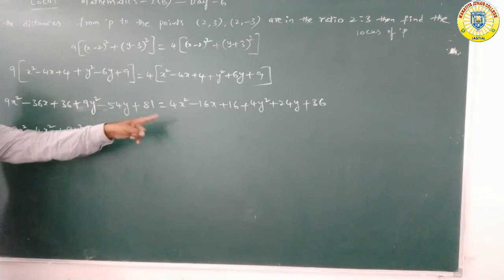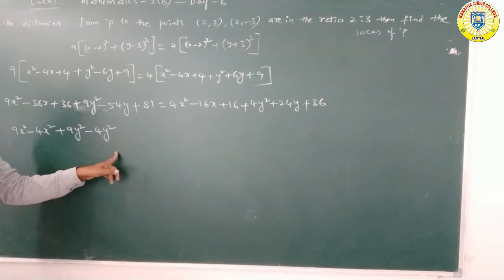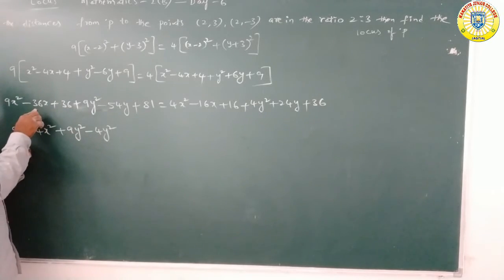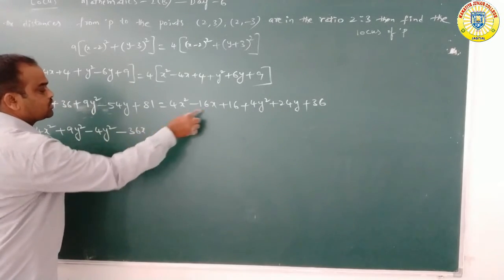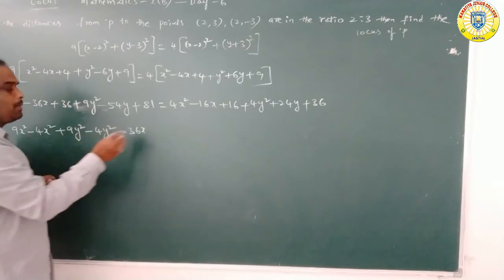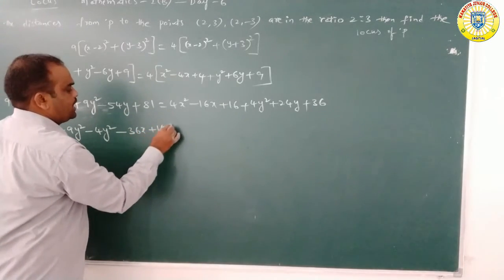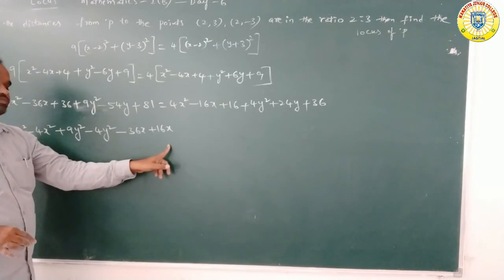The minus 16x goes to the left as plus 16x, with minus 36x.